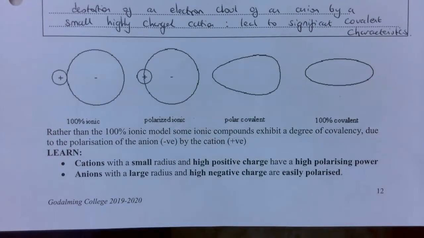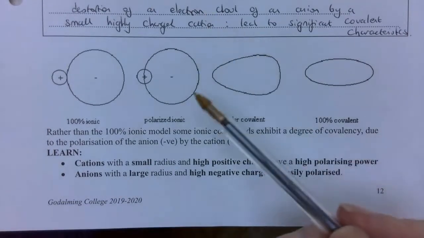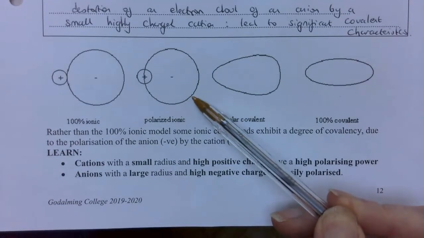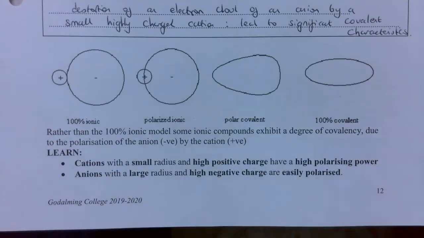So we know from our bonding that nothing is 100% ionic. This polarization explains why the Born-Haber, the real values, are always more exothermic than the theoretical. This is because the bonding is still ionic, but it has a degree of covalency on top of it. So the bonding is stronger than you would expect it to be from a purely ionic model.